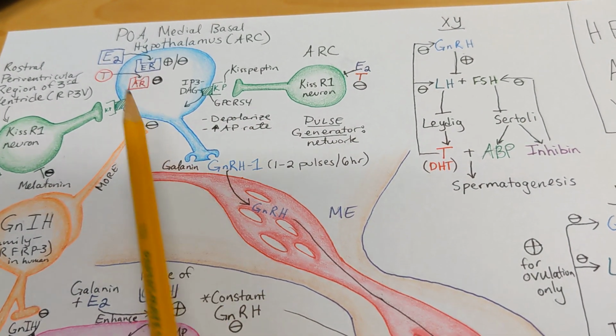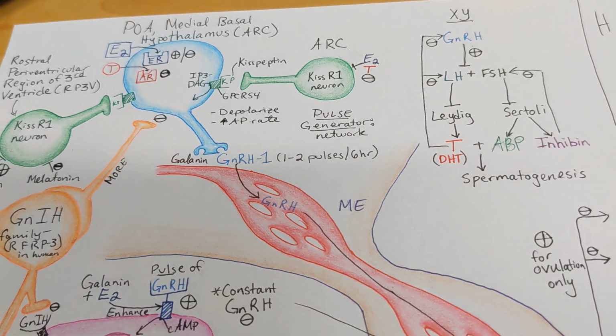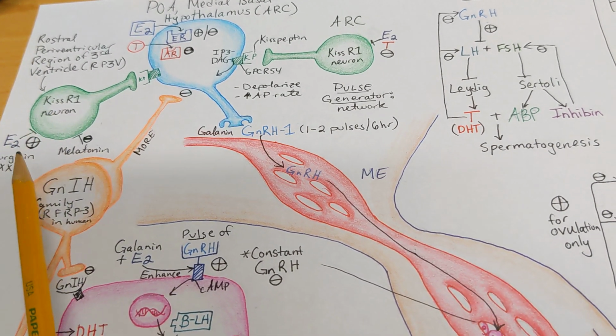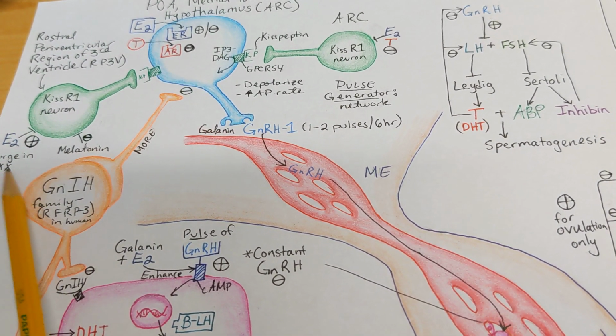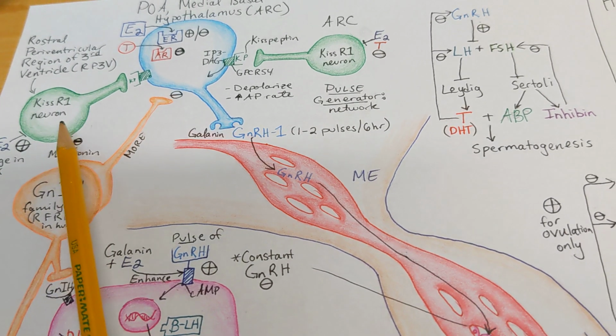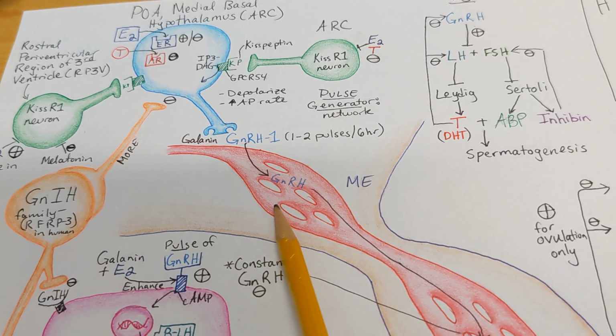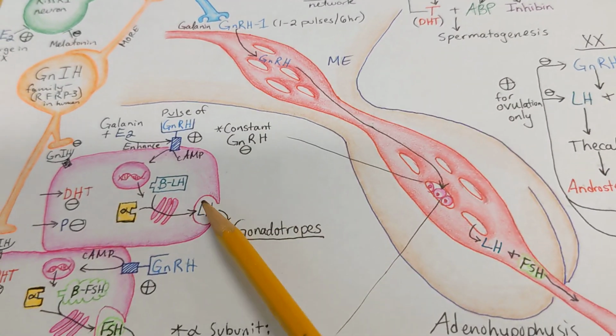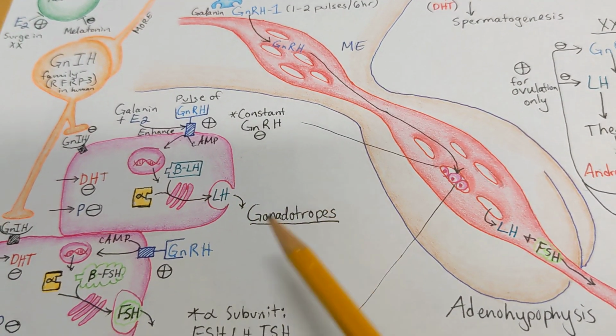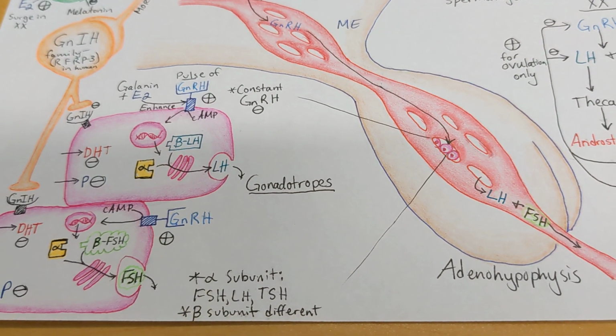Usually they are inhibited by high estrogen. However, at the middle of the cycle, estrogen is going to trigger the surge center, which ultimately leads to a lot more GnRH being put into the hypophyseal blood, which leads to a surge in particularly LH, but to a lesser extent FSH as well.